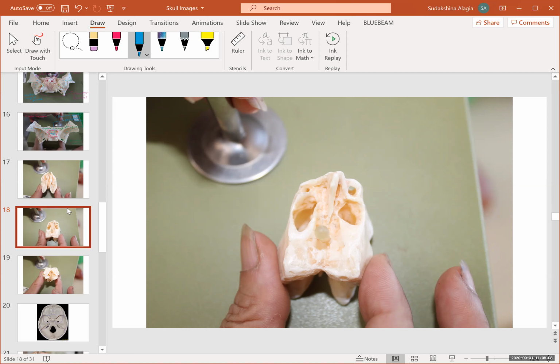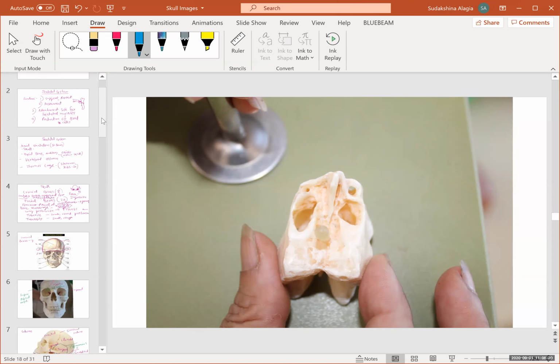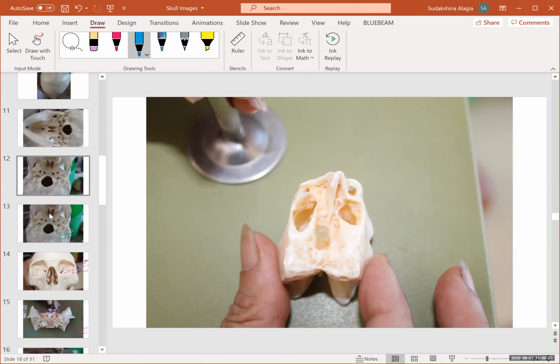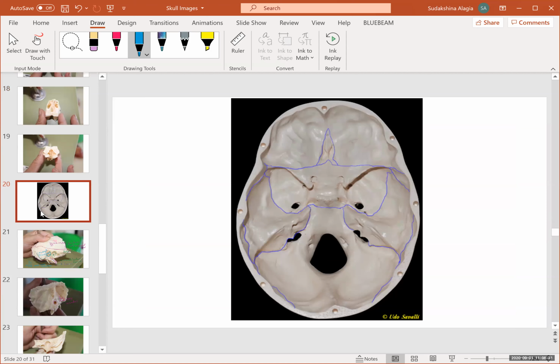So the ethmoid bone, a disarticulated ethmoid bone, right here. Where is that ethmoid bone? Let's look at the reference, and we'll go over that after I'm done with the sphenoid and ethmoid. We'll look at the floor of the skull, and from that perspective, look at the ethmoid bone. Here is the floor of the skull.